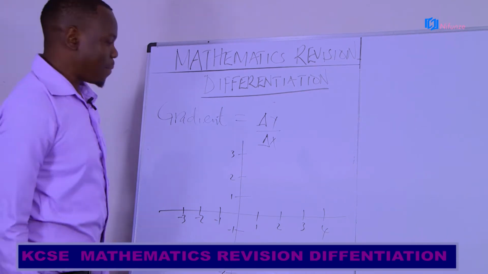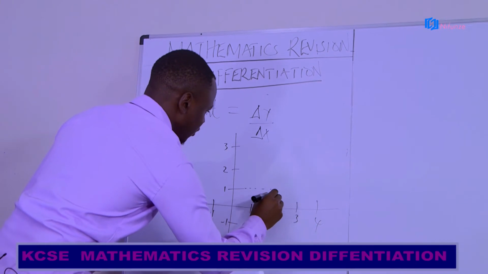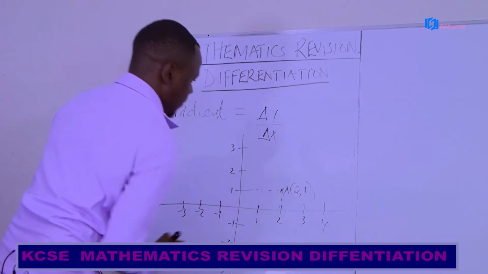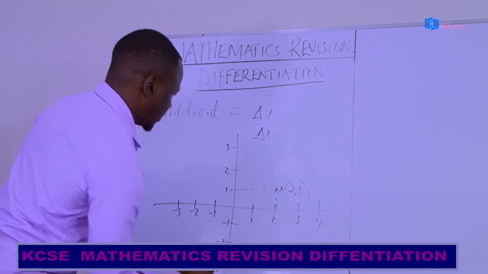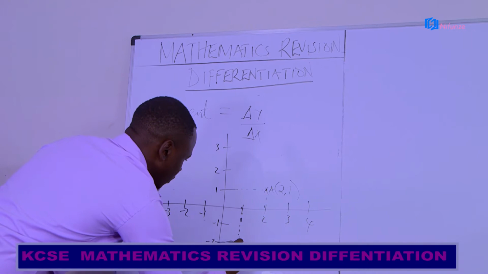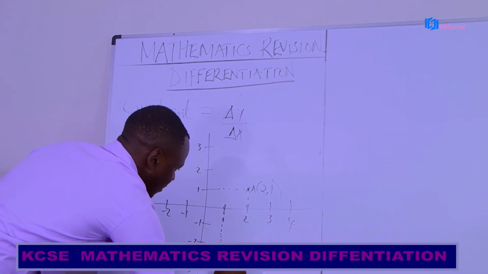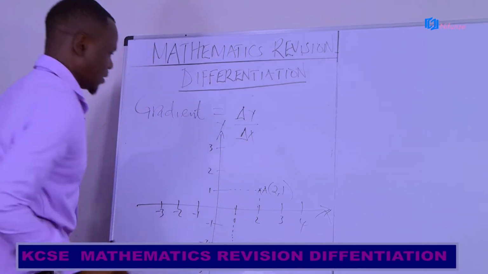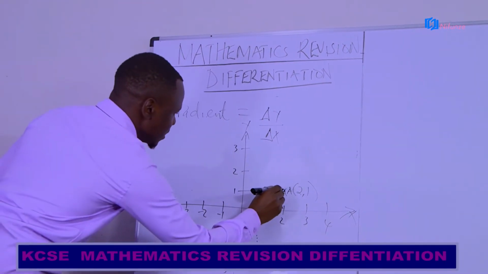So if we have a point A with coordinates 2, 1, so this is the point. And then another point B with coordinates 1, -2. You remember we start with the x-axis, then the y-axis. And we are asked to find the gradient of the line AB.